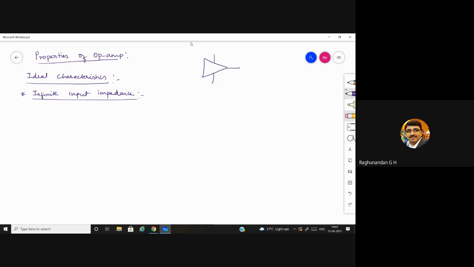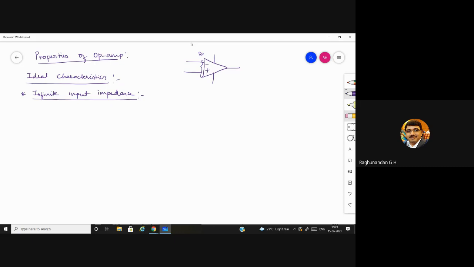When we consider the op amp, we say that the impedance or the resistance offered at these two terminals will be infinity. That much high resistance will be there. There is one more reason for this also. In the morning class, we just discussed the internal structure of a differential amplifier.